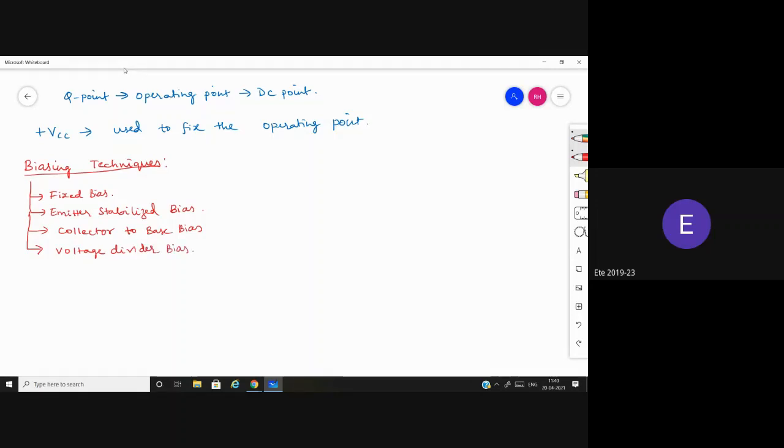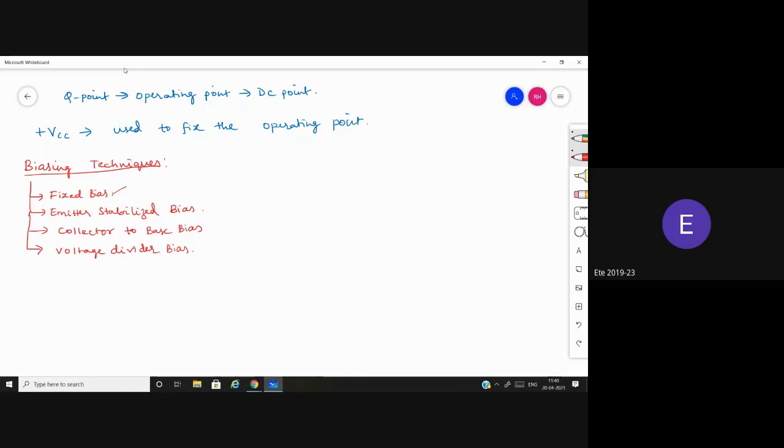In this technique, each one of them is an upgraded version of the previous. The basic one was fixed bias. To this fixed bias circuit, they made some changes. They added some resistor and it became the emitter stabilized biasing circuit.